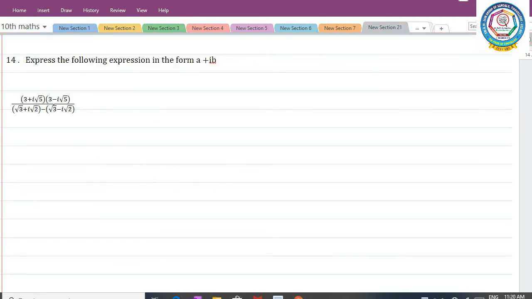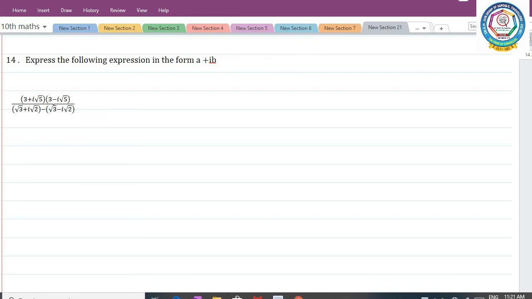Sum number 14. Express the following expression in the form of a plus ib. So what is the expression given here? 3 plus i root 5 into 3 minus i root 5 by square root of 3 plus i square root of 2 minus square root of 3 minus i square root of 2.